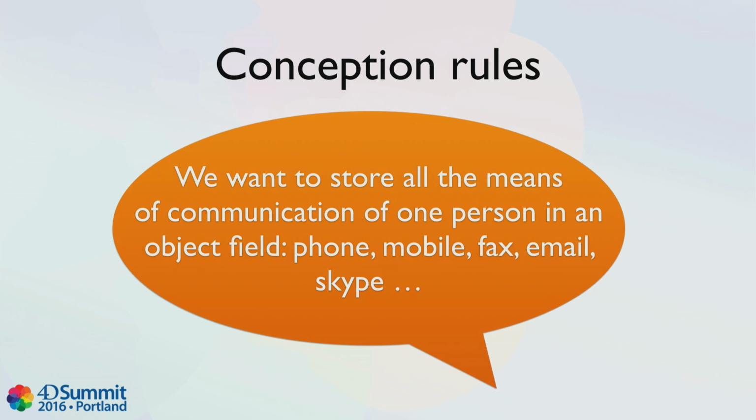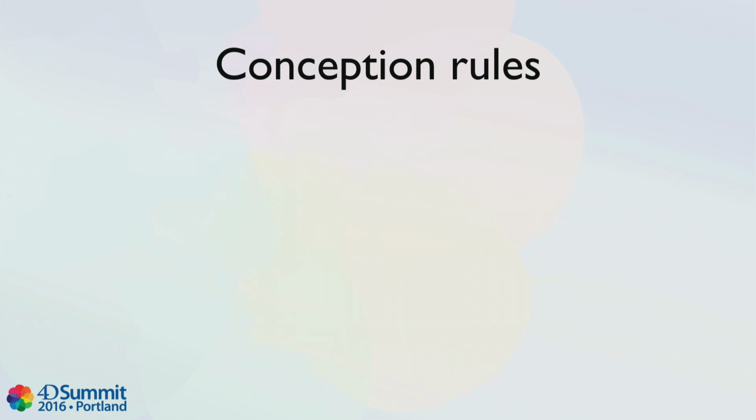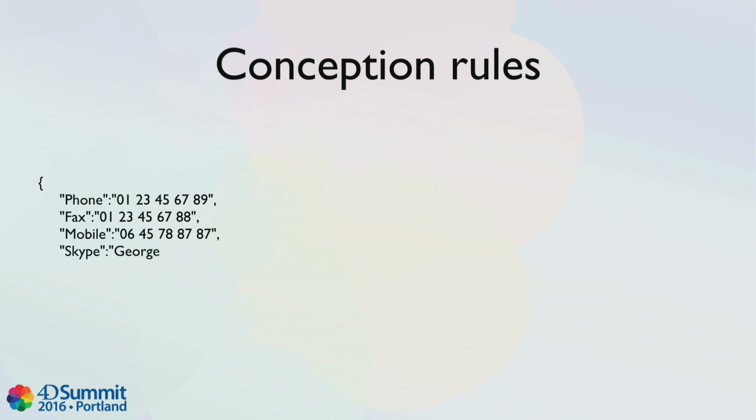A new user story: to store a means of communication in an object field. For example, you start with a phone number, a fax, a mobile, a Skype, an email, and that's all.